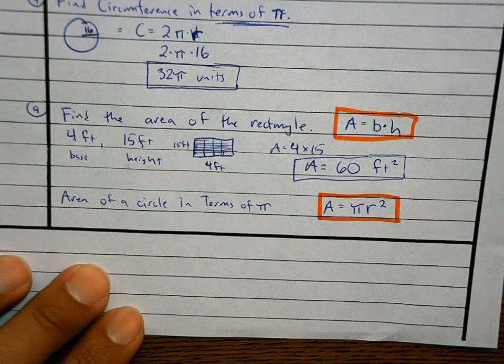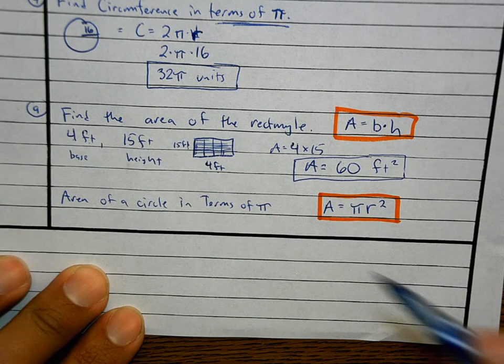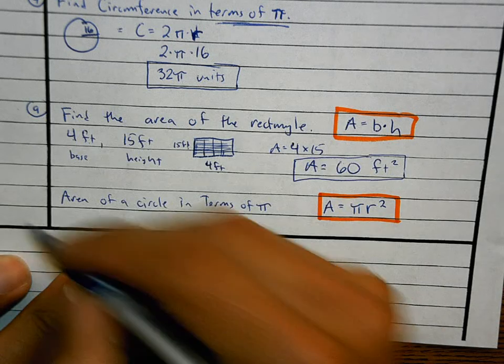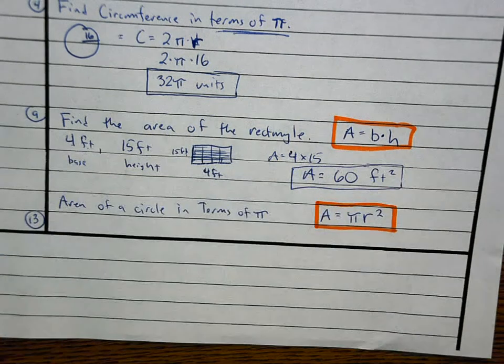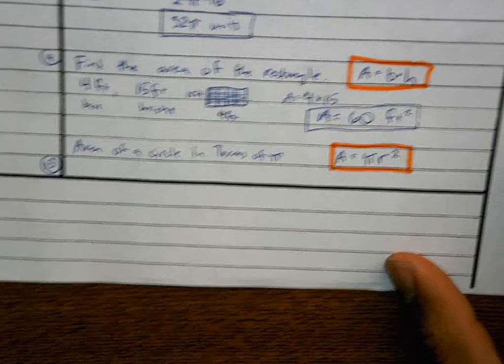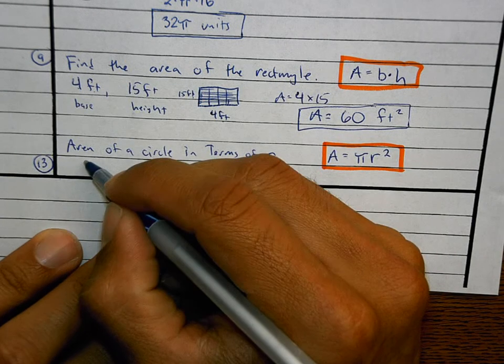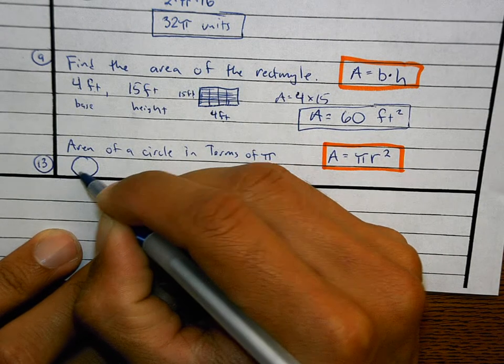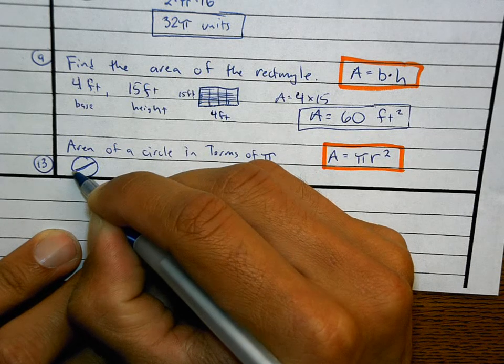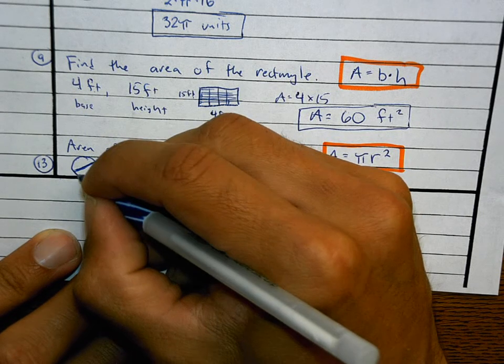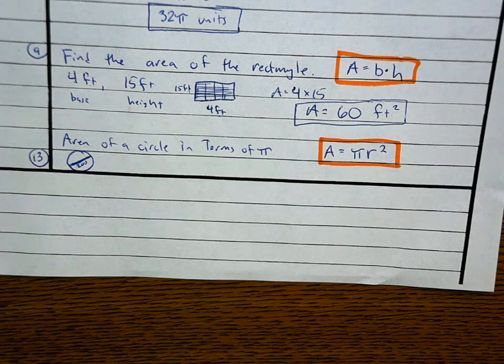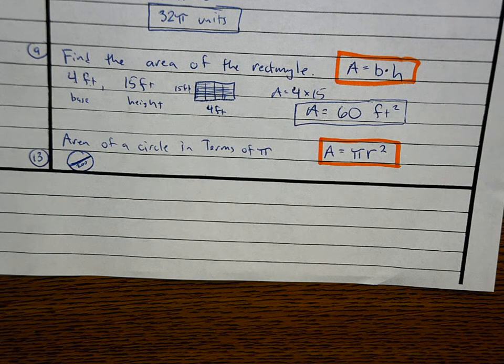Let's go ahead and do number 13. Number 13 has a picture that looks like this, and it's going to try to trick you. Right here has a 200. It says find the area of the circle in terms of pi.